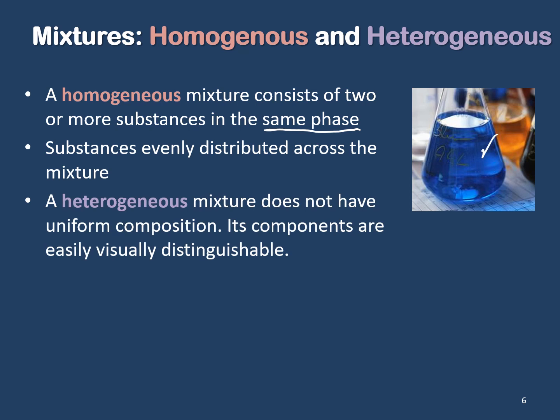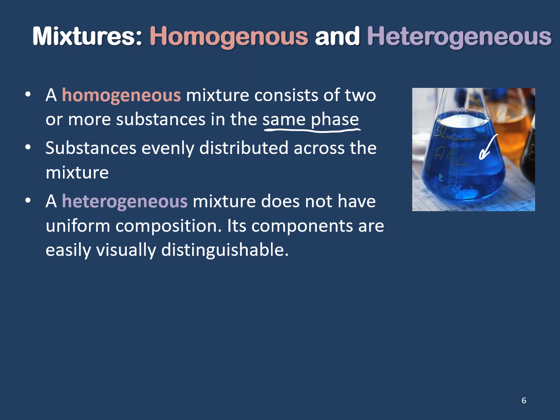So if we look at this blue solution here, it looks blue throughout the entire thing, the same color blue throughout the entire mixture. This is because the two substances in it, probably copper II sulfate and water, are mixed evenly across each other. There's no spot of blue in one spot and clear in another spot. It's blue throughout the entire mixture.